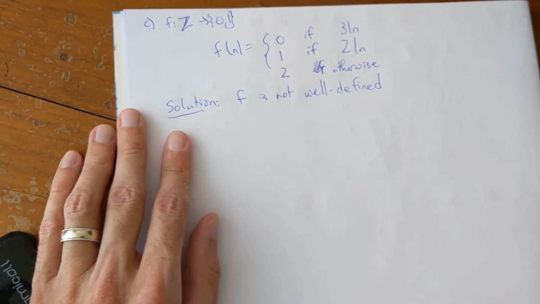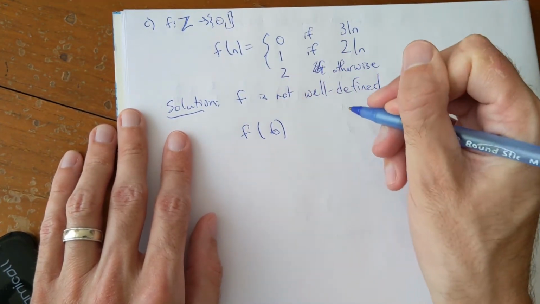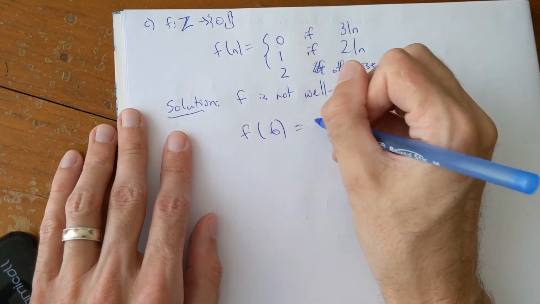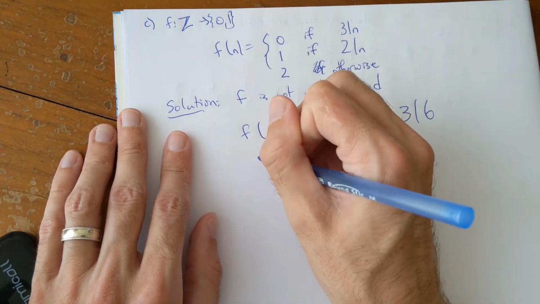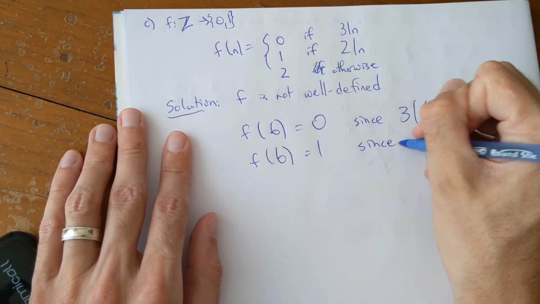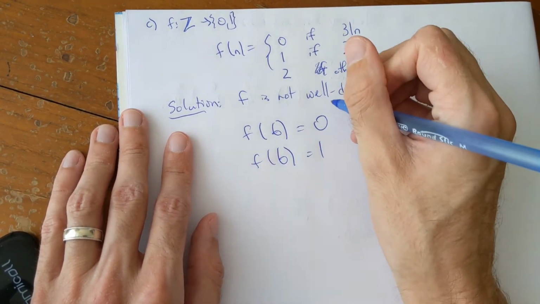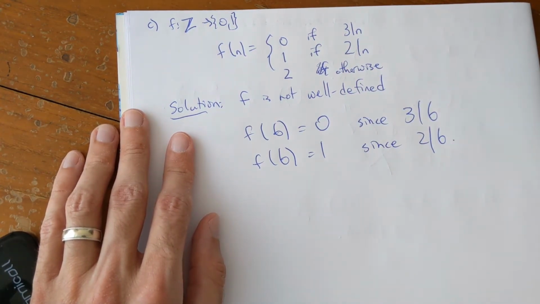Let me give you a couple of different reasons. First of all, f of 6 is 0 since 3 divides 6. On the other hand, f of 6 equals 1 since 2 divides 6. 0 and 1 are not the same, so f is not well defined.